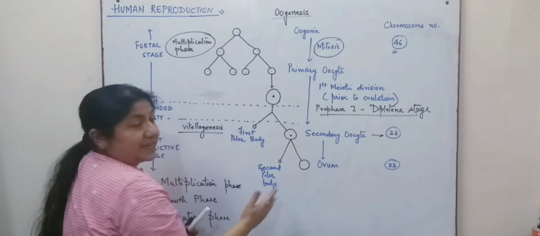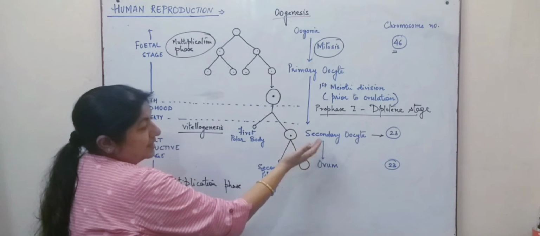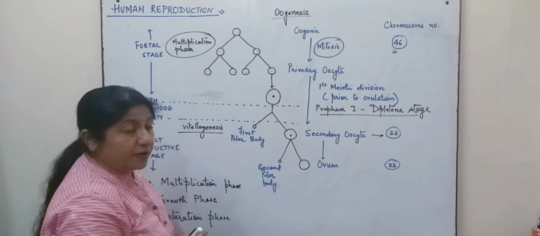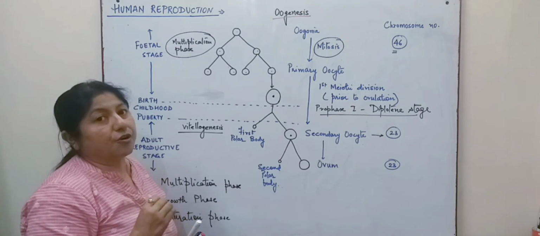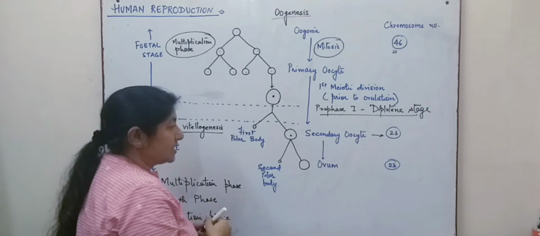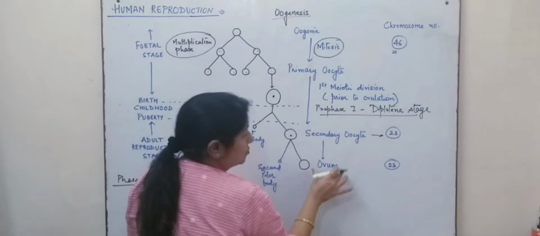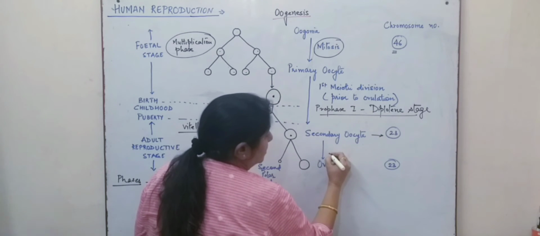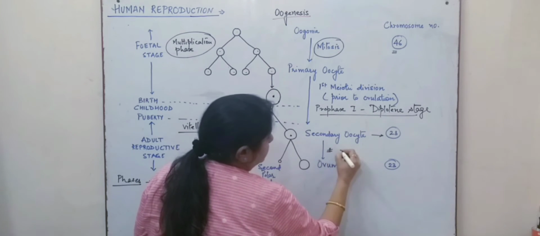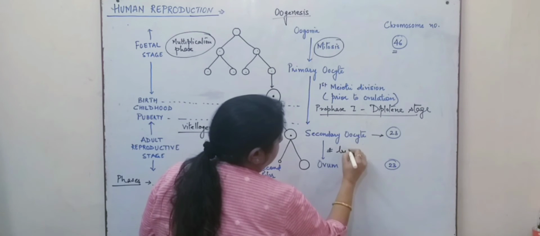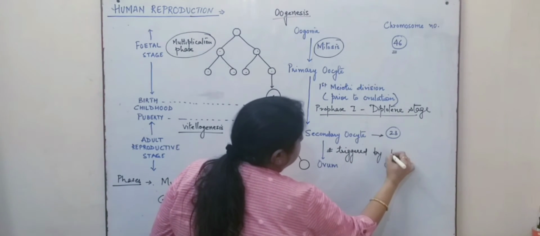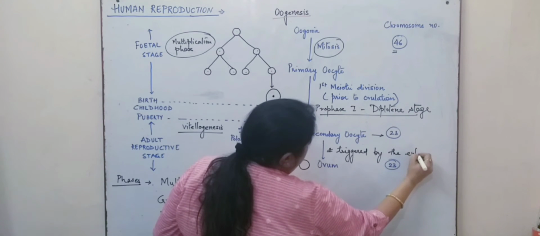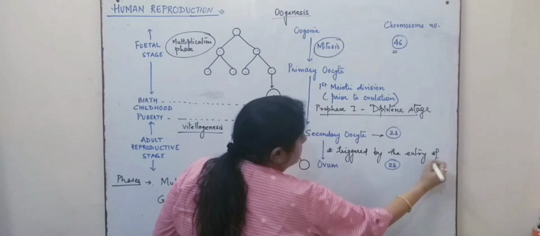The next stage, the development from the secondary oocyte to the ovum, will only take place after the entry of the sperm. This stage is triggered by the entry of the sperm.